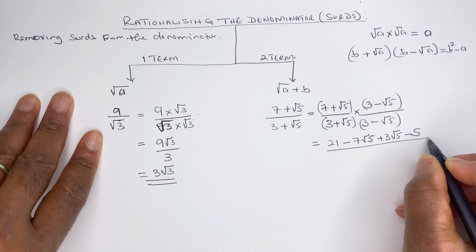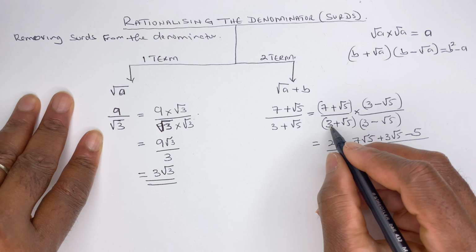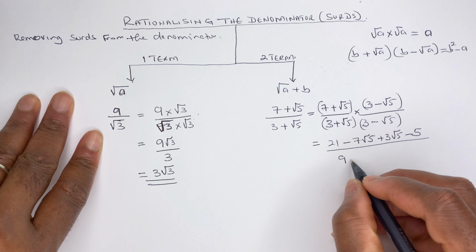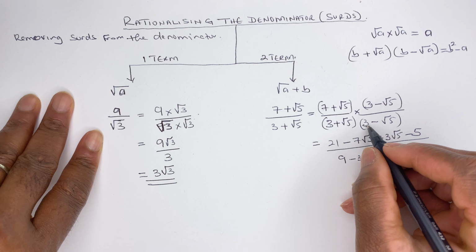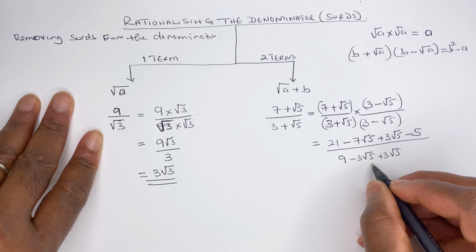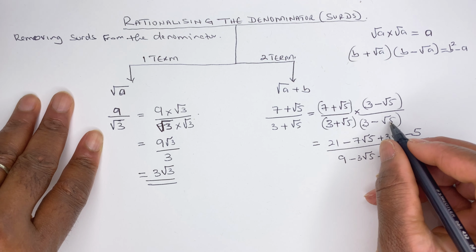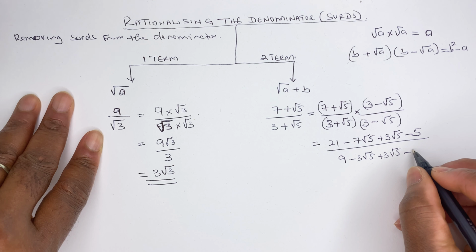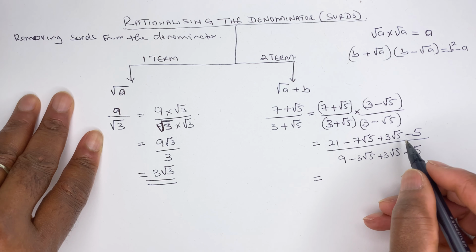And I need to divide that by 3 times 3, which is 9. 3 times minus root 5 is minus 3 root 5. Root 5 times 3 is plus 3 root 5, so that will cancel out. Root 5 times minus root 5 is minus 5.